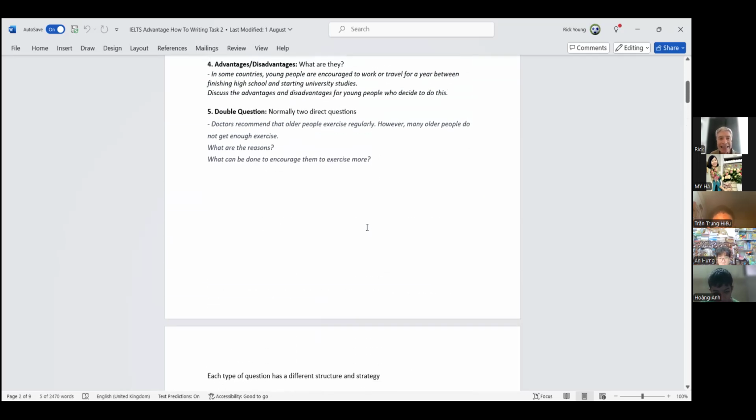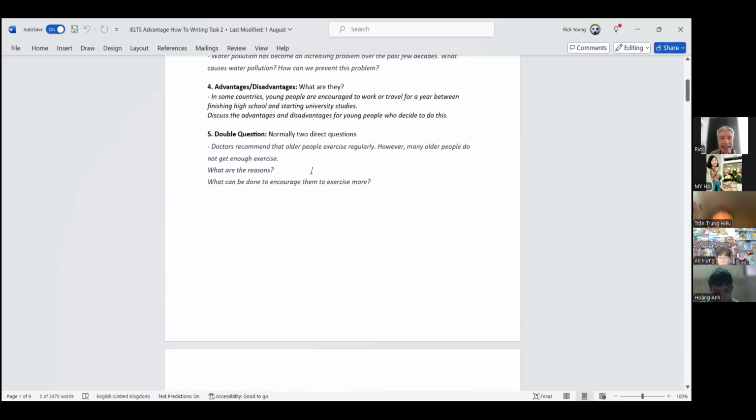Let's go back just a little bit to look at one of these essays. This topic is also known as the thesis statement. If you look online, you will see sometimes people talk about the thesis statement. This is the thesis statement in this question. Doctors recommend older people exercise regularly. Your first sentence in the introduction is always a paraphrase of this thesis statement.